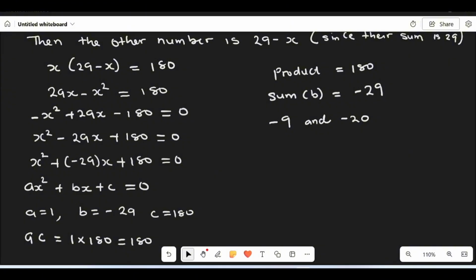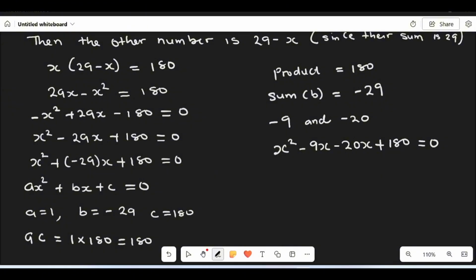Split the middle term using these two numbers, and our middle term is minus 29x. So we are going to have x squared minus 9x minus 20x plus 180 equal to 0.